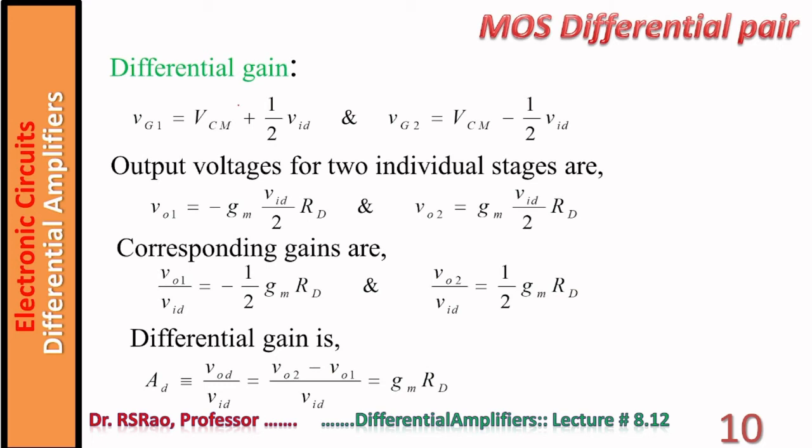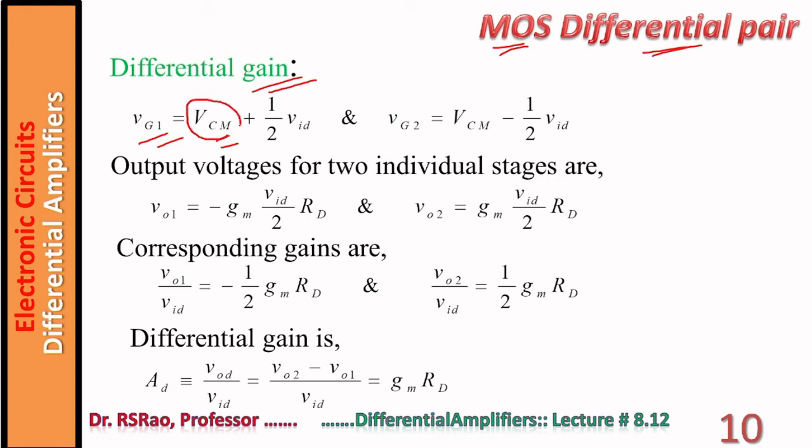Now, we consider the MOS version of a differential amplifier. So far, we considered a general treatment, which is applicable both for MOS differential pairs and also BJT pairs. Now we focus on the MOS differential pair. Differential gain is considered first. Vg1 is equal to Vcm plus half Vid.